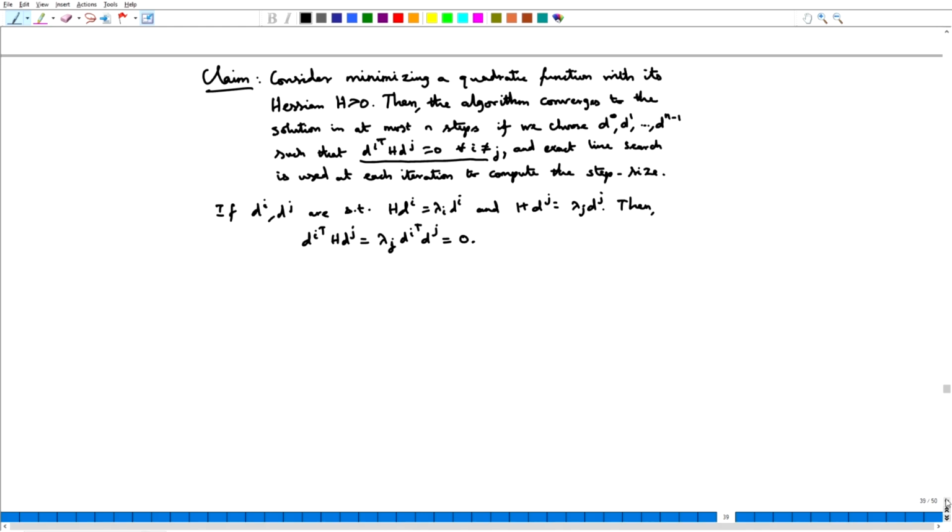So, now the question is, how do you find such directions? Suppose I give you an arbitrary symmetric positive definite matrix, so I give you a quadratic function and H is really arbitrary. So, how do you come up with d0, d1, dot dot dot, dn minus 1? Of course, you can use eigenvectors.